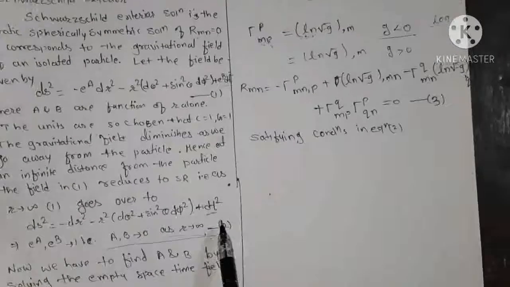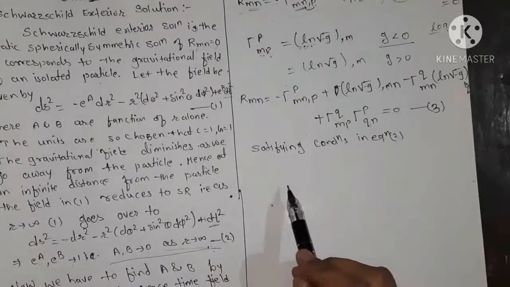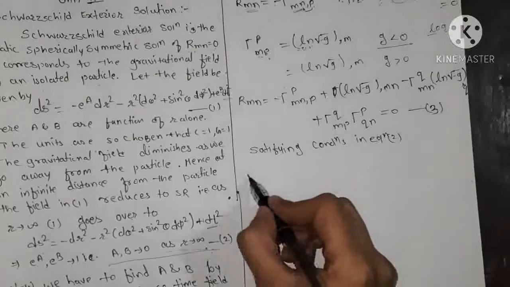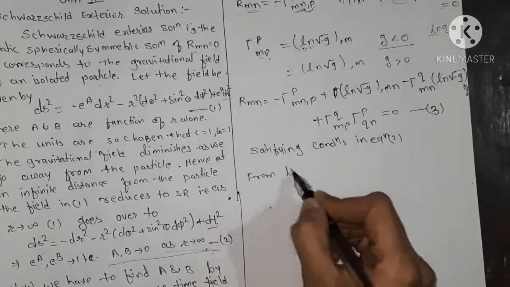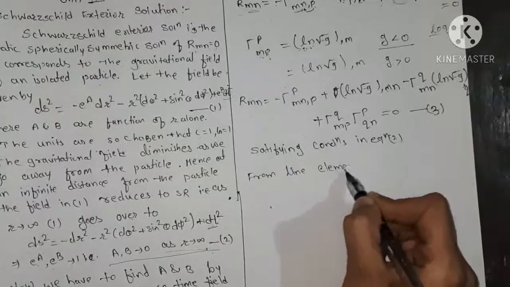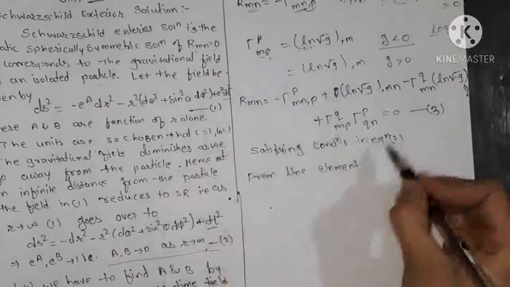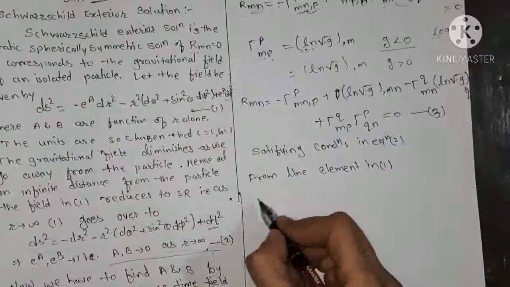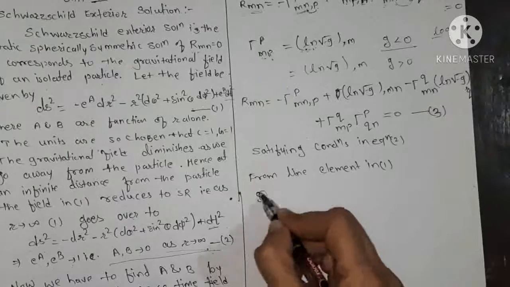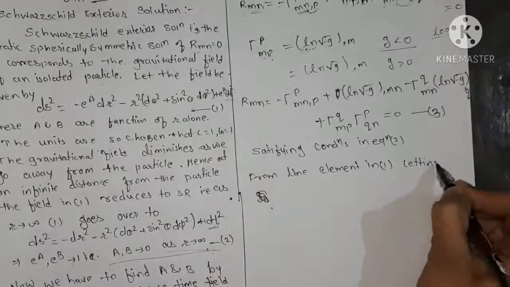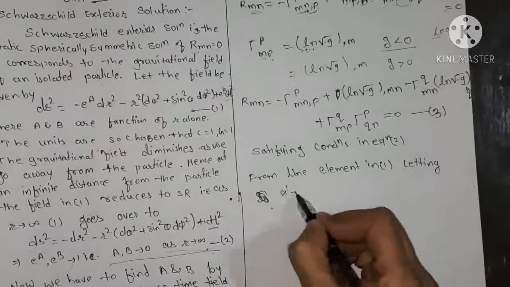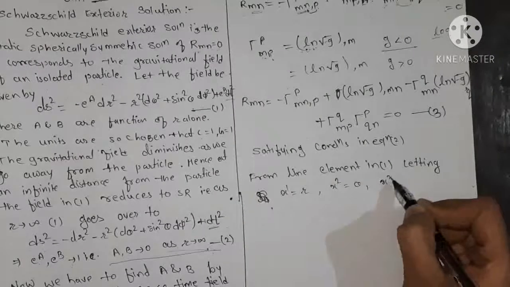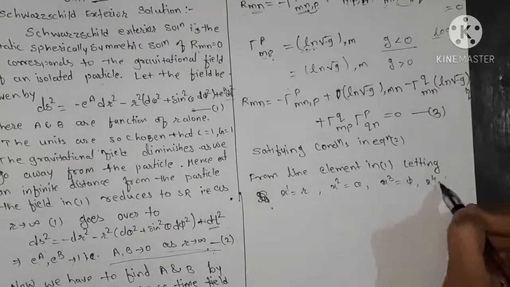Now we compute the non-vanishing Christoffel symbols and non-vanishing Ricci tensor. For this, from the line element in 1, we take x1, the first coordinate, as r, x2 as theta, the third coordinate as phi, and the fourth coordinate as t.